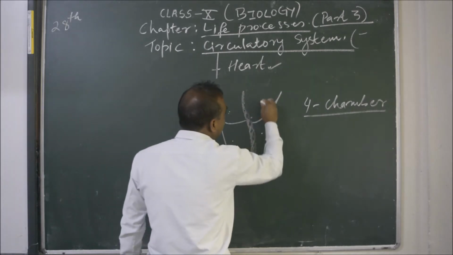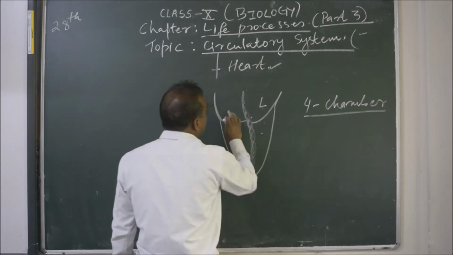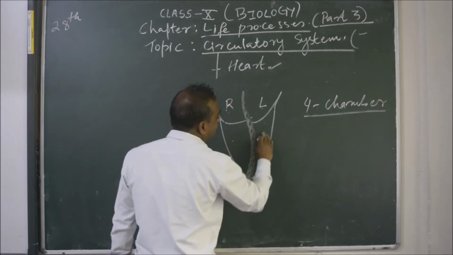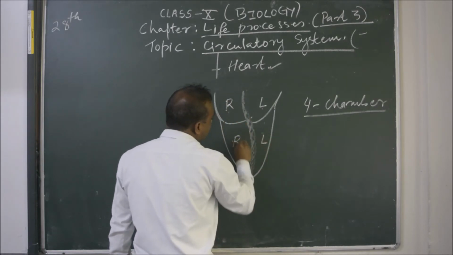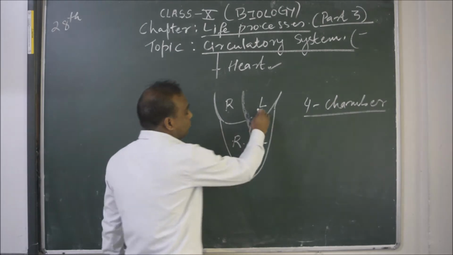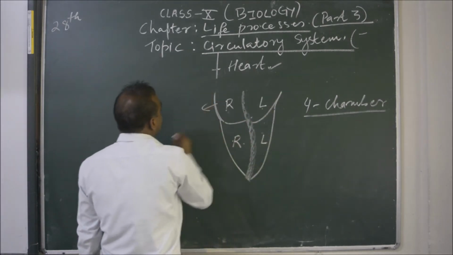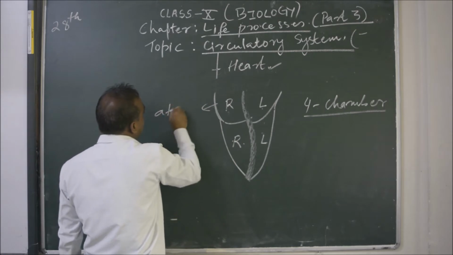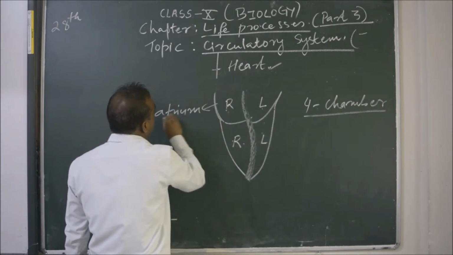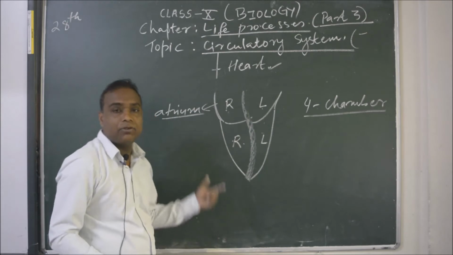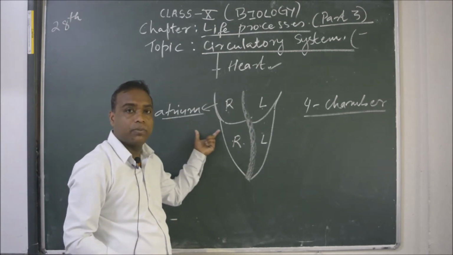And on this side, you can see this is the left side, and this becomes the right. The 2 upper chambers are known as the atrium. We can say atrium or atria also.